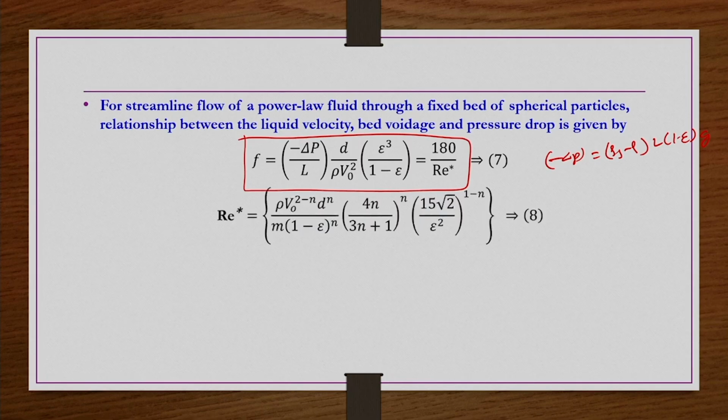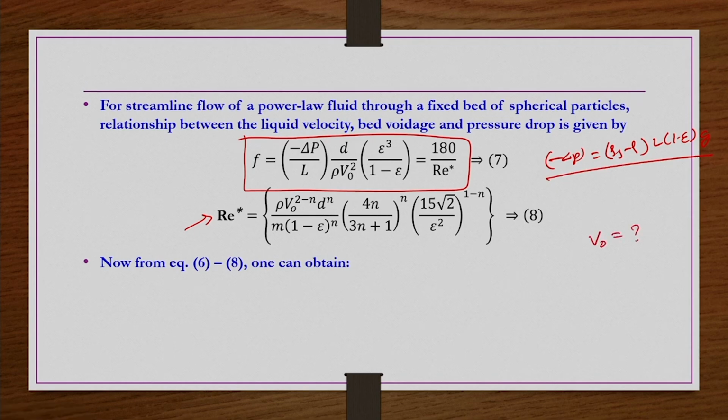Here in this equation, Re star is also derived in previous lectures. Now, equation number 6 is this one, and then 7 to 8. You are trying to find V naught at the minimum fluidized conditions, where the flow is under streamline conditions but the fluidization is still taking place.